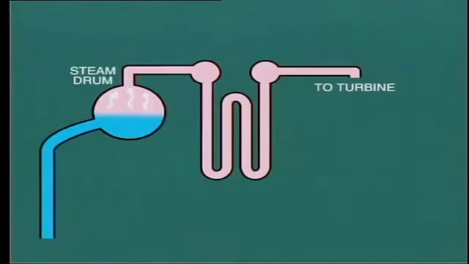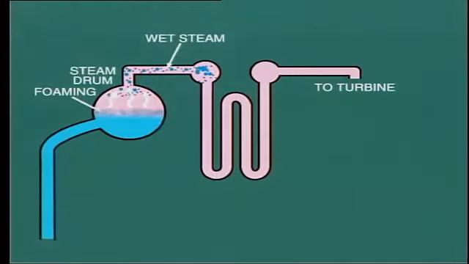We'll discuss this later. Another problem associated with high solids content in boiler water is carryover. The effect of the dissolved and suspended solids is to increase foaming on the surface of the water in the drum. This in turn leads to carryover of water with the steam. Carryover may also be caused by fluctuating water level in the drum or a persistent high water level.